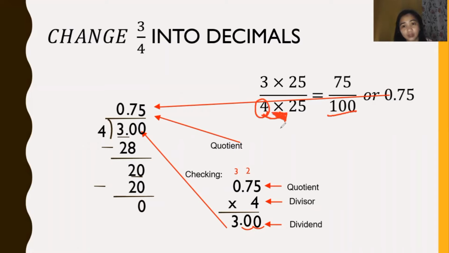Paano gagawin 100 yung 4? That is multiply it by 25. Dahil nag-multiply ka kay 4 ng 25, i-multiply mo rin si 3 sa 25. So, 3 times 25 is 75. So we have here 75 hundredths. So kapag isinulat mo siya sa decimal, 0.75. So that is how to change fraction into decimal.